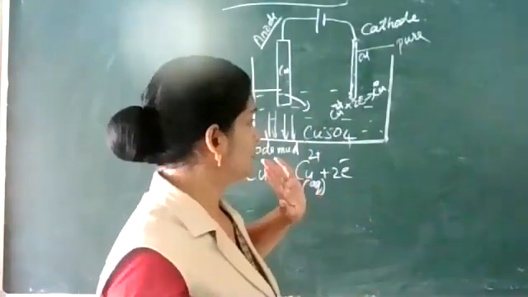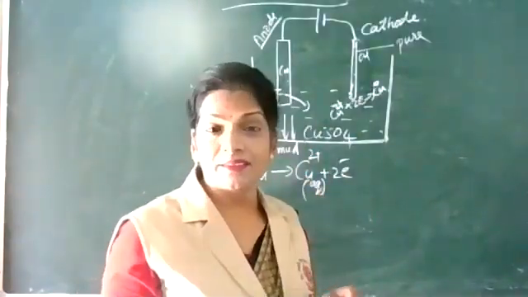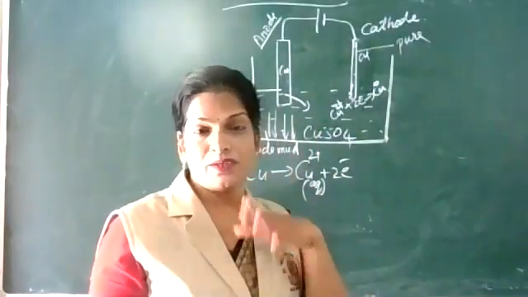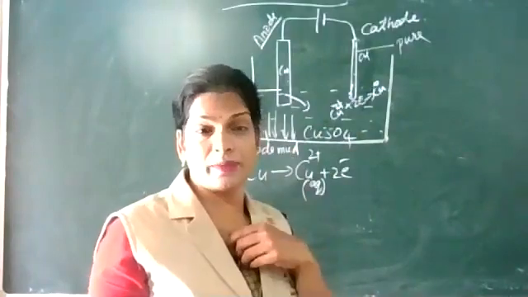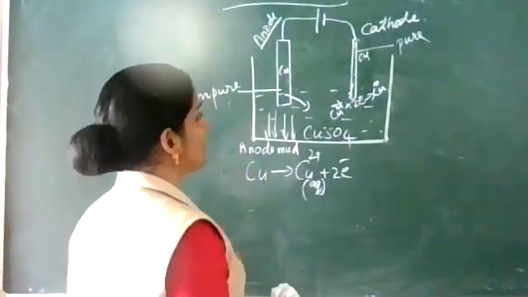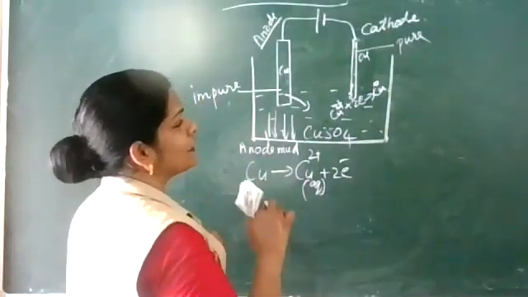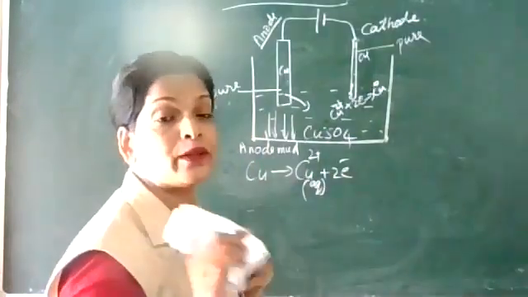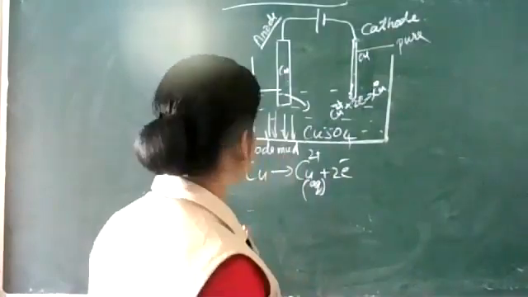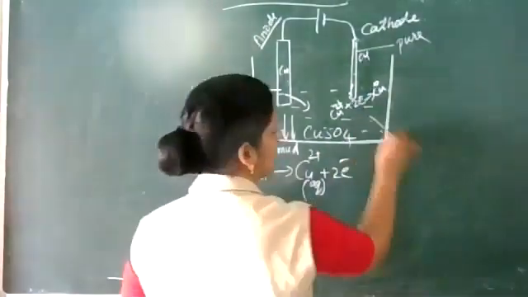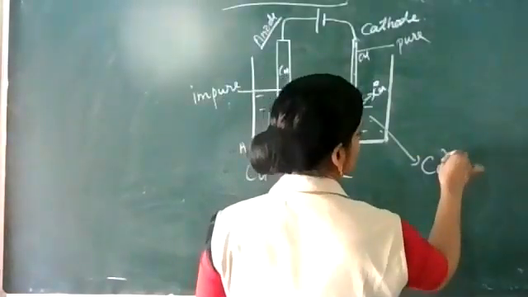If you paint, you will see brush bristle marks in between. But if it is electroplating, it is evenly coated. You cannot make out that inside is some other metal. Okay, so at anode oxidation takes place, at cathode reduction.